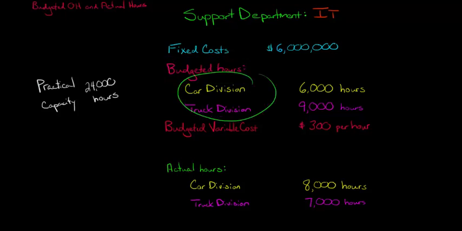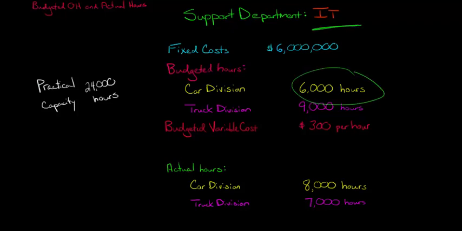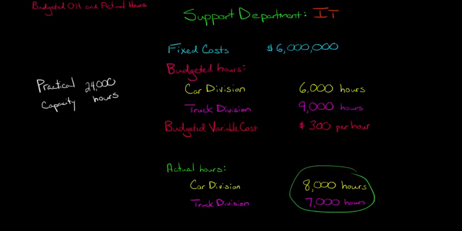So you say, okay, I think that the car division is going to use 6,000 hours of the IT department, and then the truck division is going to take 9,000 hours, and you could do a single rate where you basically say, okay, this is going to be $6 million in cost, and then there's going to be another $4.5 million in variable costs, and you come up with a single overhead rate of something like, let's say, $700 an hour, and then you apply that based on the actual hours. That's one way of doing it.